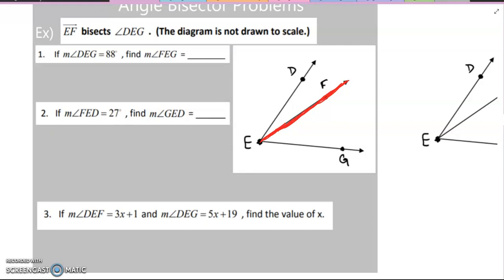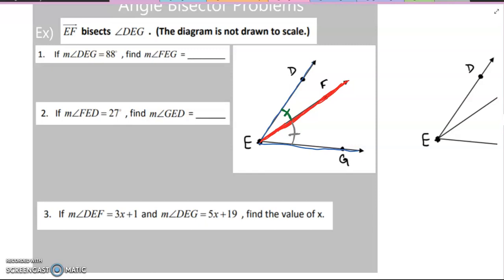So angle DEG, which is this one here in blue, is the entire angle. The angle being bisected means that DEF, that's this angle here in green, and the other angle, FEG, are the same. They are equal to each other. So the green and the gray are equal. Notice I put a little arc symbol that represents how we measure an angle in degrees, and the little dash is to tell us that those are equal.